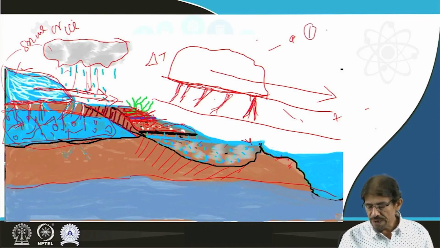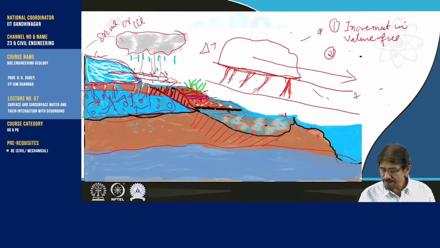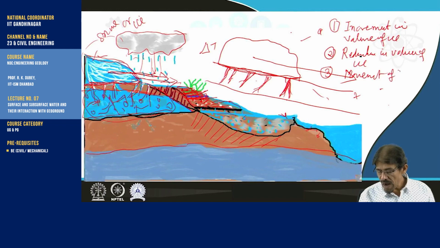First, increment in volume of ice. Second, reduction in volume of ice. And third, movement of ice.